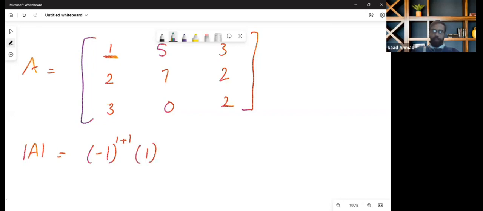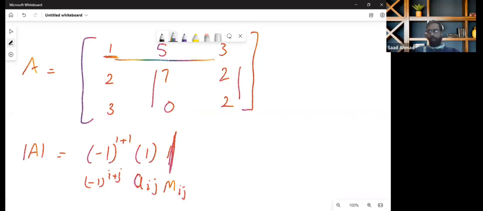I'm writing the formula down so you can see a_ij, and then M_ij, which means the determinant of the remaining part. M_ij will be this much, ignoring the first row and the first column, like that.